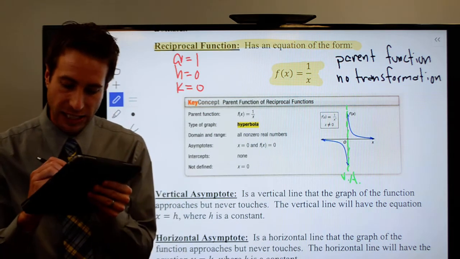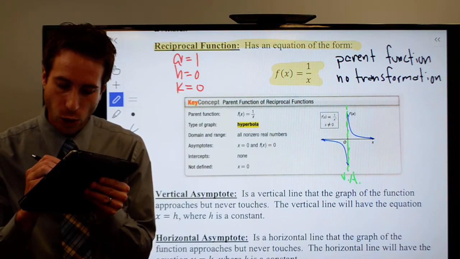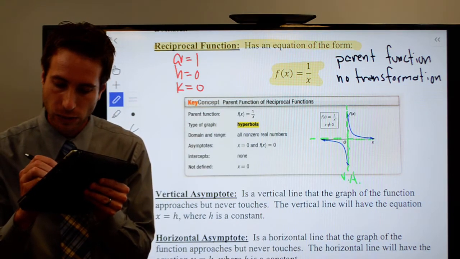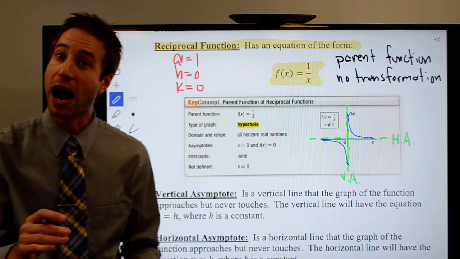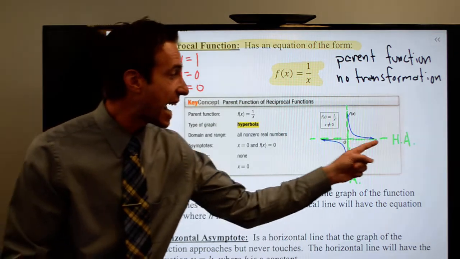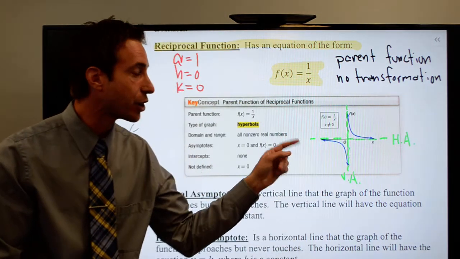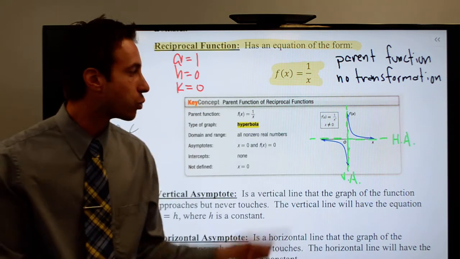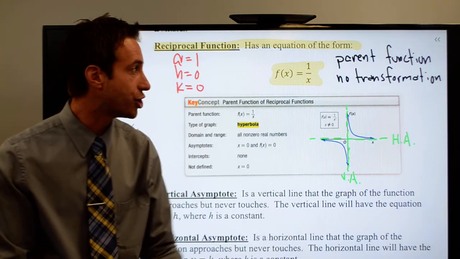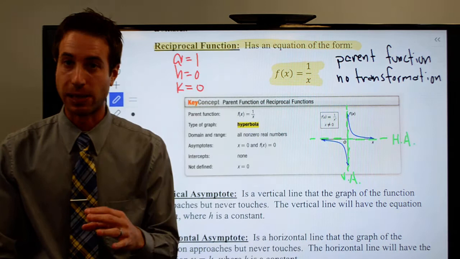And then also please notice the hyperbola has a horizontal asymptote at y equals 0, which is the x-axis. Again, it's a line the graph will approach but never touch, which is where you get this kind of odd shape for the reciprocal function.